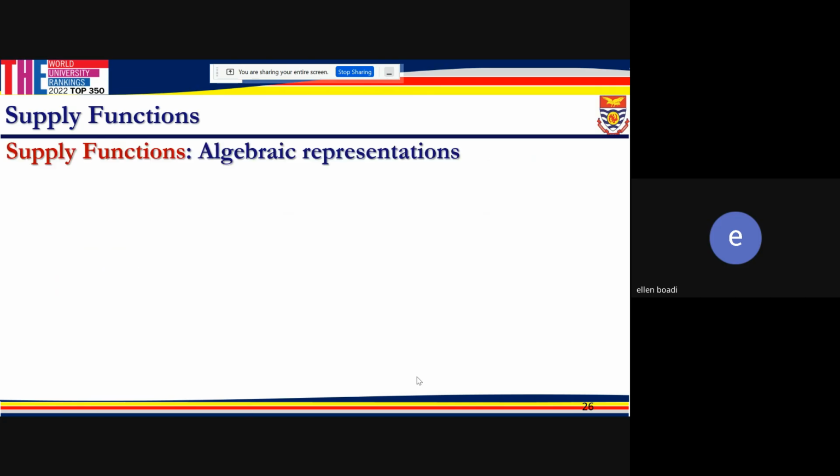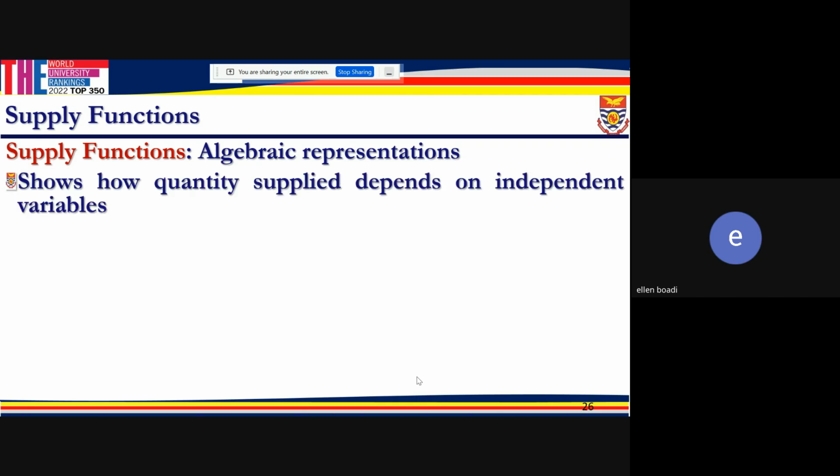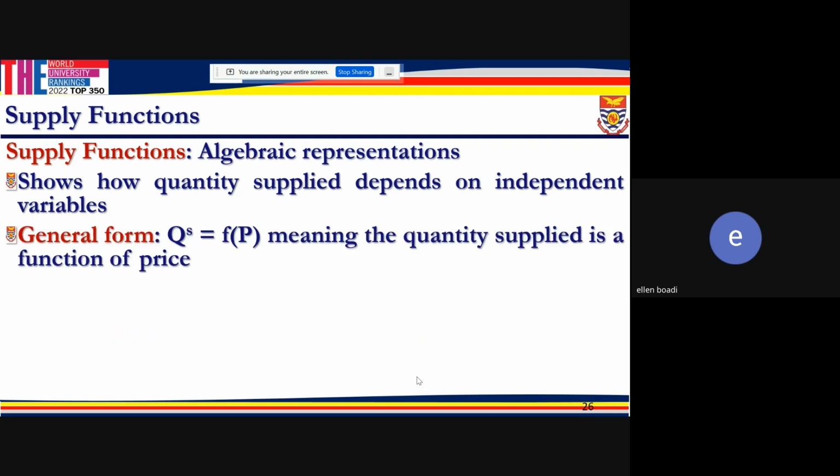When you put it in an algebraic form, as an equation, you call it a supply function. A supply function shows the relationship between price and quantity supplied, just as the schedule and the curve did.